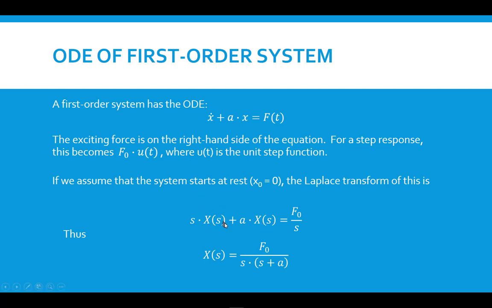Of course, what we're after as far as a solution goes is x as a function of time. We're not going to get that from the Laplace transform version of the system. What we can do is solve for the Laplace transform of x, and that's a step in the right direction.